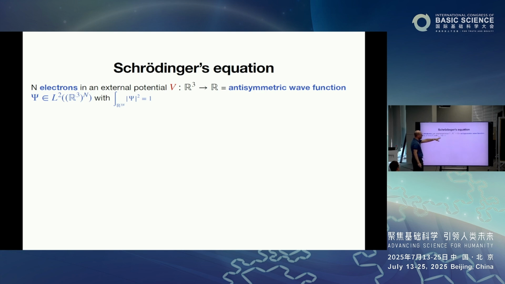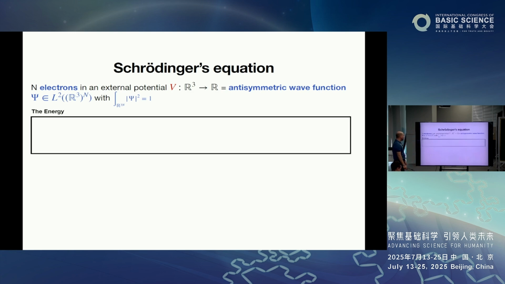And then you ask that the L2 norm of this wave function must be equal to 1. I won't focus a lot on the functional space that we are going to choose, because it's not the main topic of the talk, but we can choose the right functional space, and if you want, we can discuss it later.